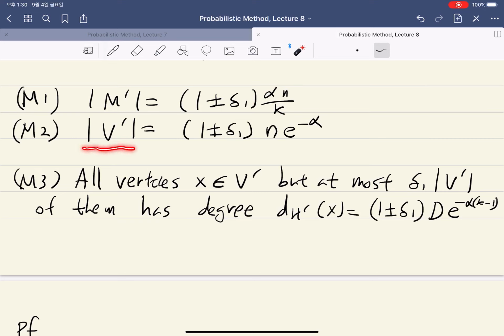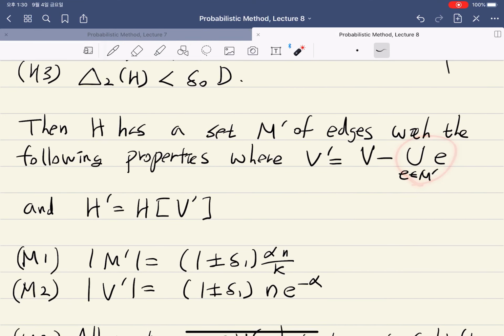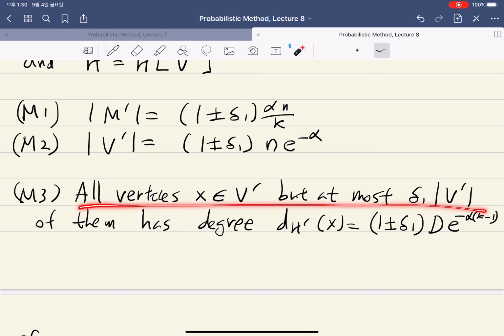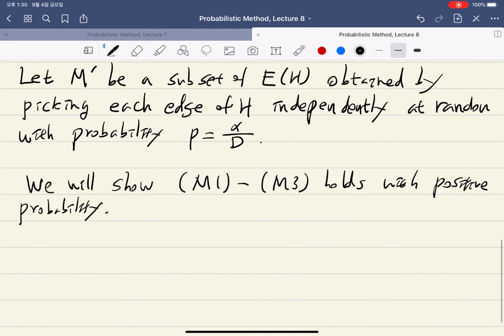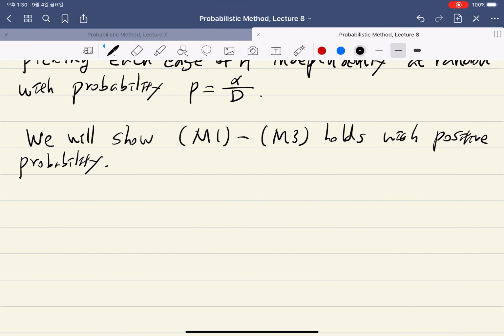Then the number of vertices not covered by M prime is close to this number. And then once we delete all the vertices inside an edge in M prime, in the remaining hypergraph almost all vertices have the correct degree. So first we show M1.